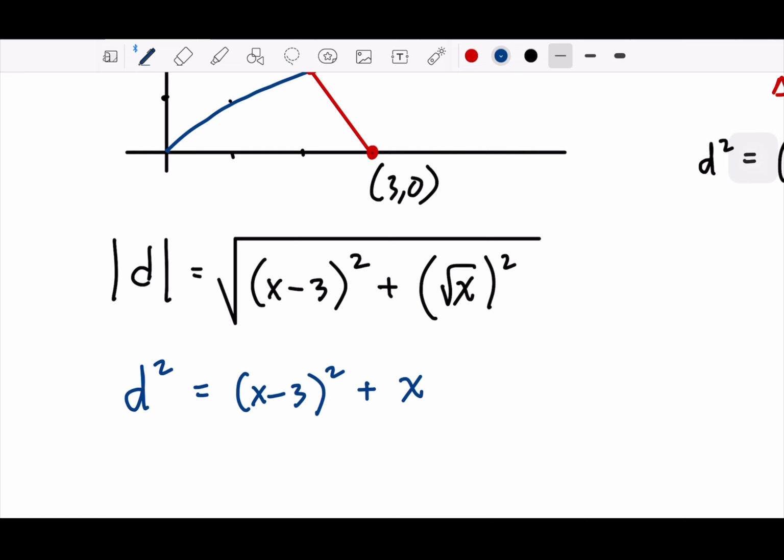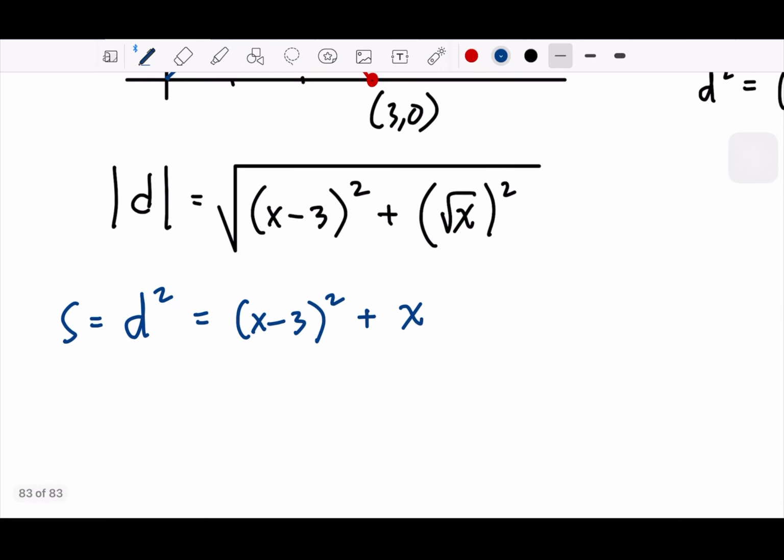And maybe take this as s, just to simplify the d squared. What we are doing now is we have a new model that takes the name s.